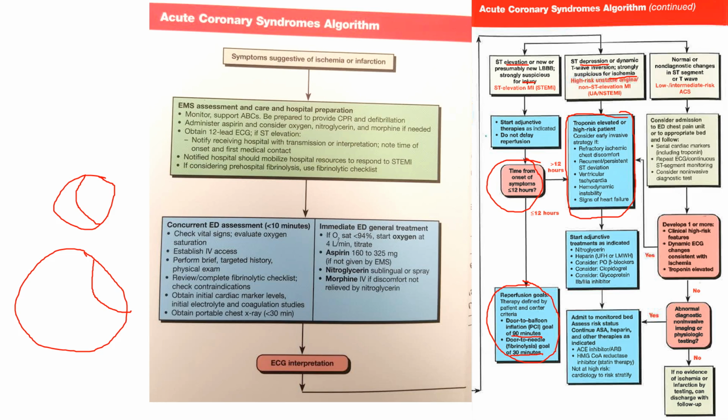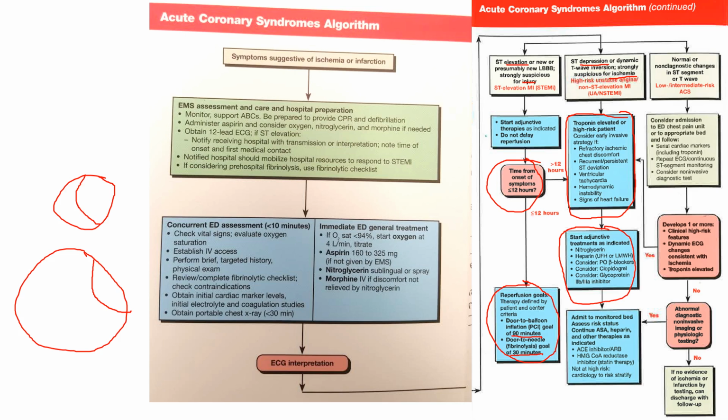Consider early invasive strategy if refractory ischemic chest discomfort, recurrent persistent ST deviation, ventricular tachycardia, hemodynamic instability, signs of heart failure. Any of those things, you want to start adjunctive treatments as indicated, such as nitroglycerin, which is going to open up the blood vessels like I showed over here. Heparin, that's a blood thinner that prevents coagulation, an anticoagulant. Consider oral beta blockers, which slow the heart down a little bit.